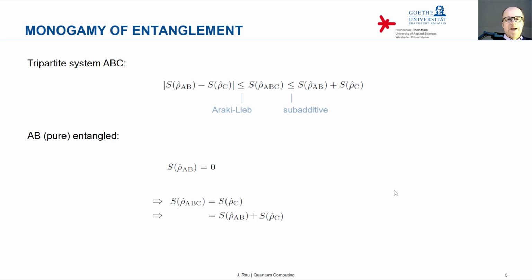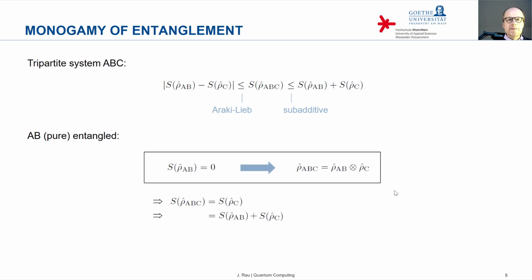And here we have, as a consequence of this entanglement of A and B, the joint entropy of ABC being equal to the entropy of AB plus the entropy of C. And this means that we must have a product state.